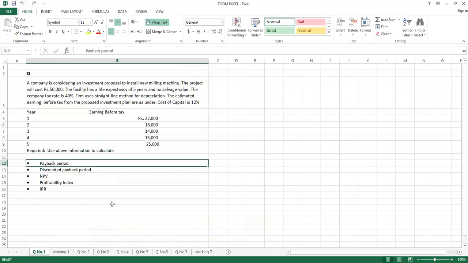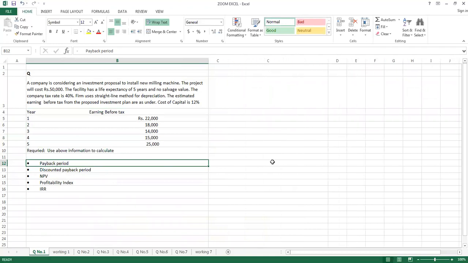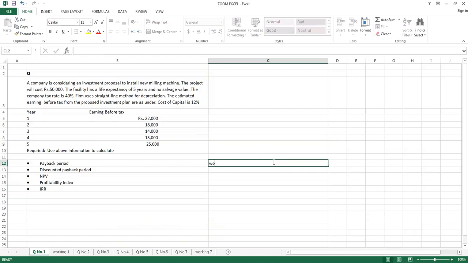Students, payback period means the investor is only interested in seeing in how many years he will be able to recover his investment from the project. So in payback period, we will see how long your project will take to recover the investment.